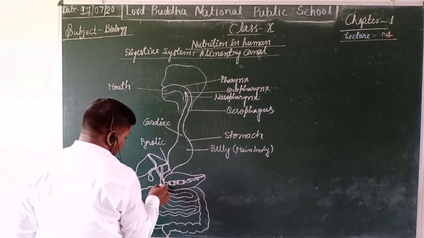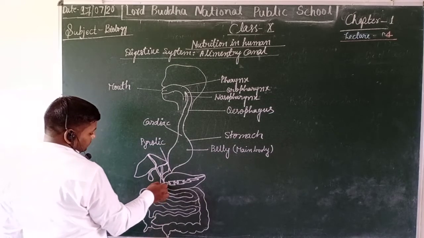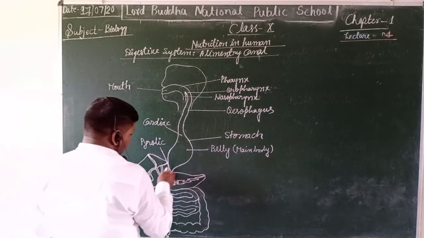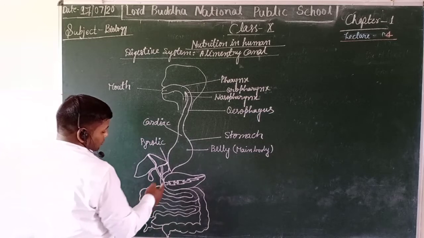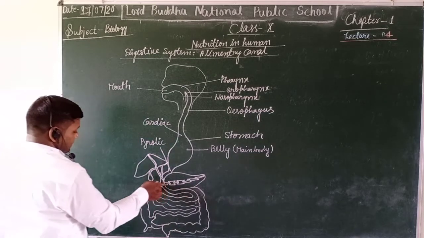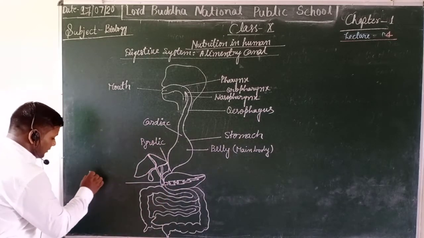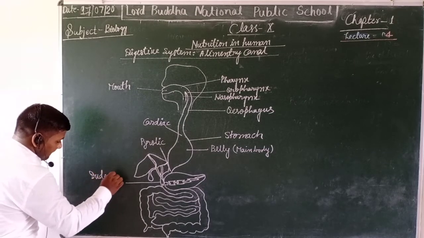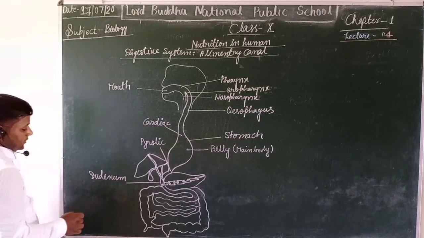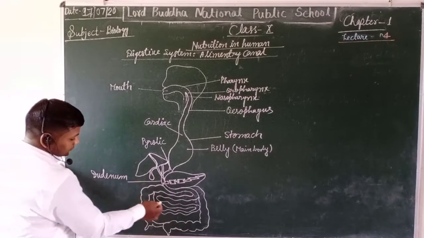It is C-shaped. The pyloric part opens into the small intestine. This C-shaped structure is the duodenum. It is the first part of the small intestine.